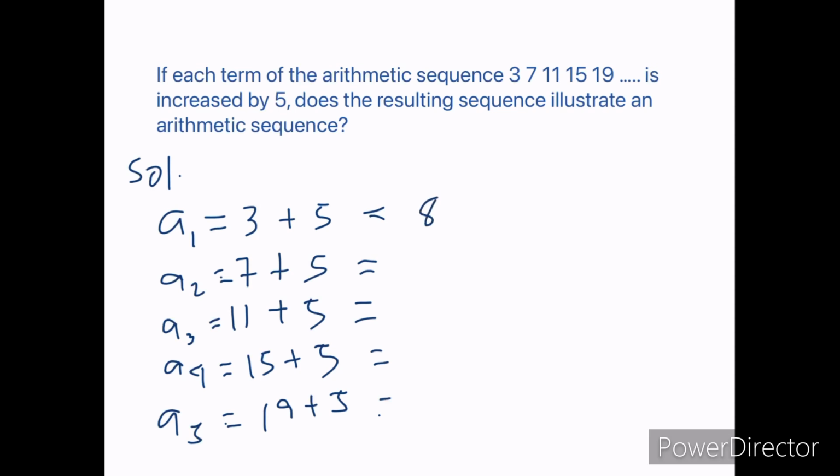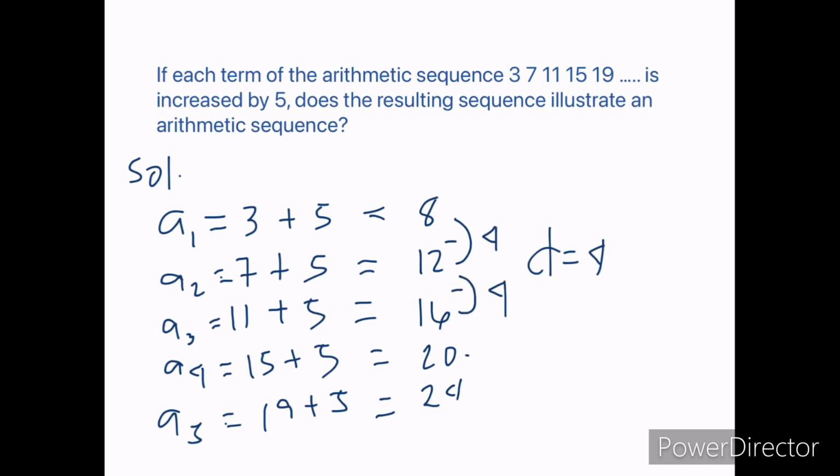So we have 8, 12, 16, 20, and 24. So the resulting sequence illustrates an arithmetic sequence where our a sub 1 is 8, a sub 2 is 12, a sub 3 is 16, a sub 4 is 20, a sub 5 is 24, with a common difference of 4, because 12 minus 8 is equal to 4, 16 minus 12 is 4, 20 minus 16 is 4, and 24 minus 20 is 4.